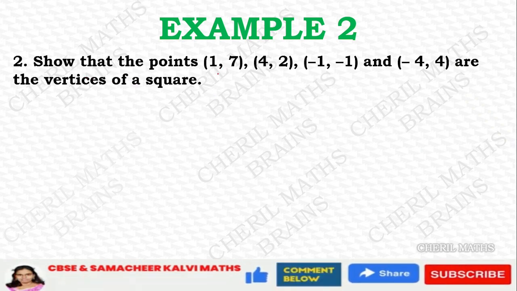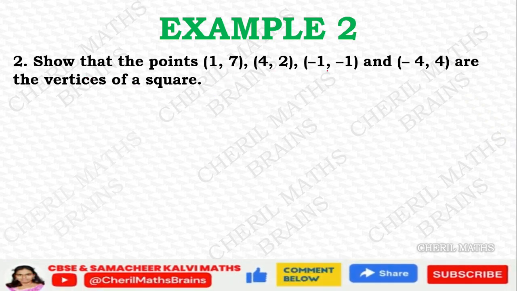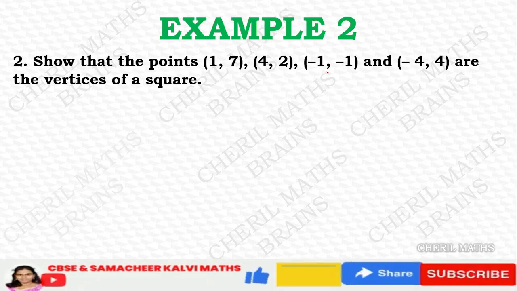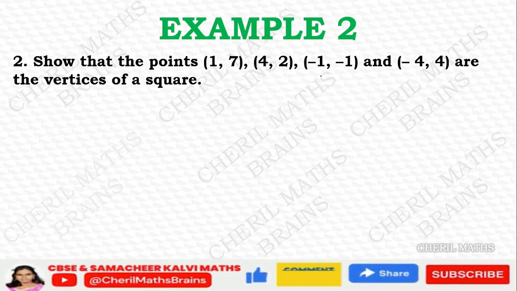Show that the points (1, 7), (4, 2), (-1, -1) and (-4, 4) are the vertices of a square. They are asking us to prove if it is going to form the vertices of a square.